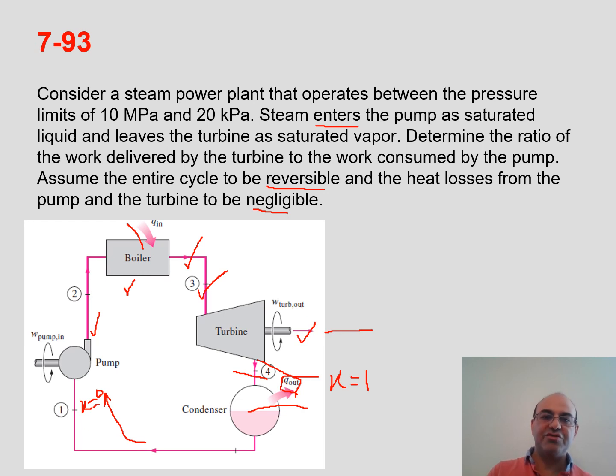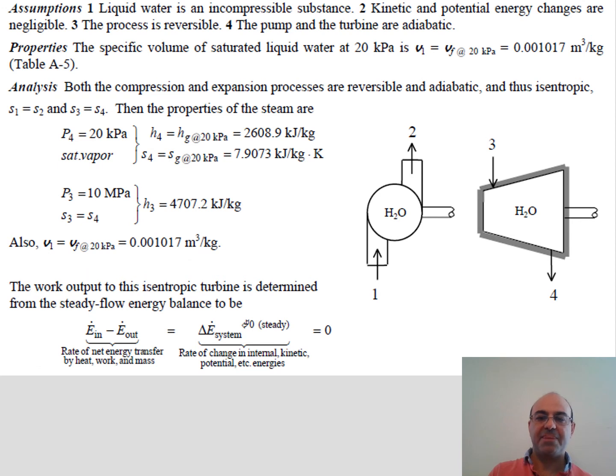This is a super good problem. So this is the pump component, and this is the turbine. So we give them numbers 1, 2, 3, 4 in order to prevent confusion between enthalpies and other properties.